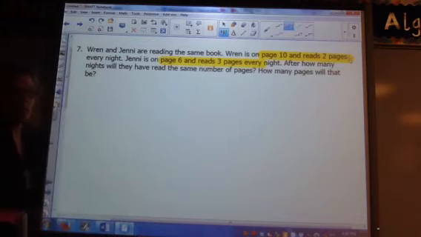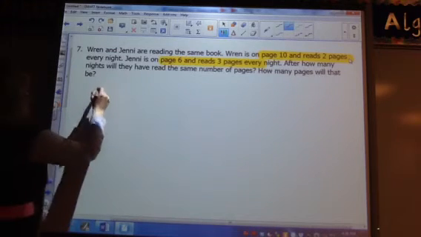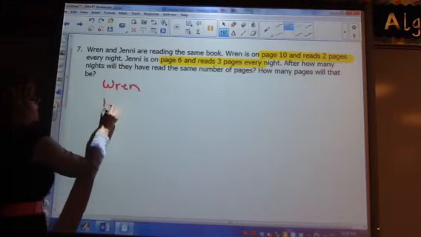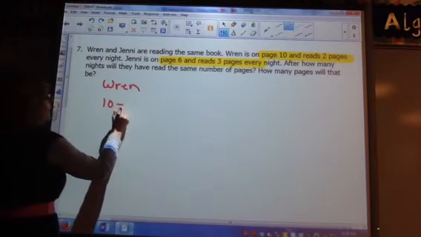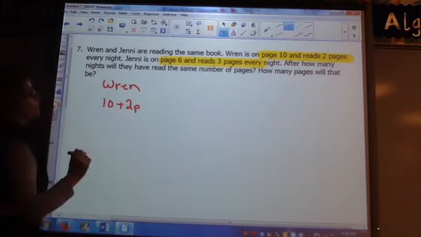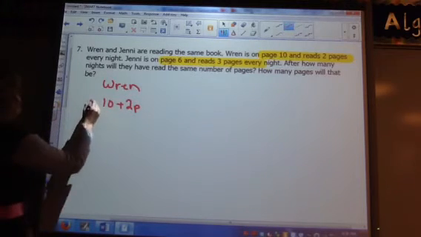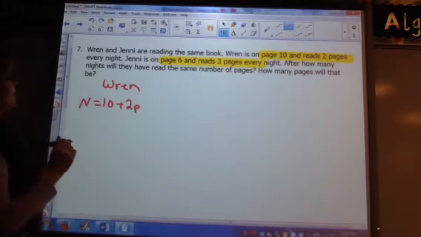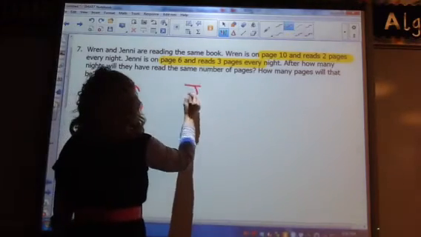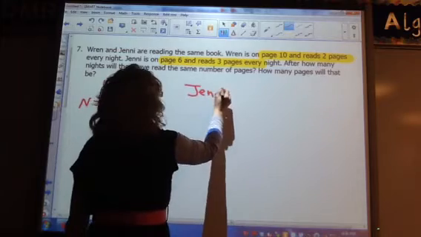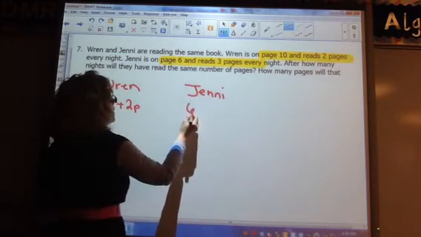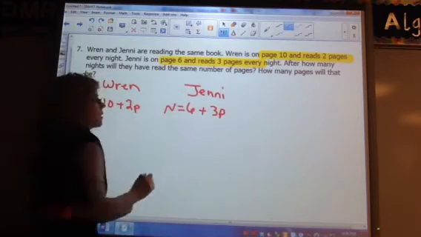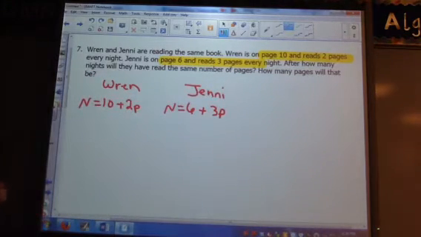Okay, so what we have here, we have 2 people, and Ren starts at page 10 and reads 2 pages each night. Okay? This will give us the total amount of nights it takes. And then Jenny, she starts on page 6 and she reads 3 pages each night. So this will give us our number of nights, all right?